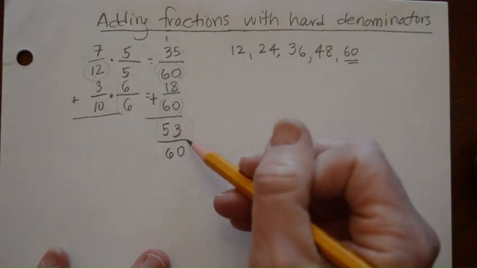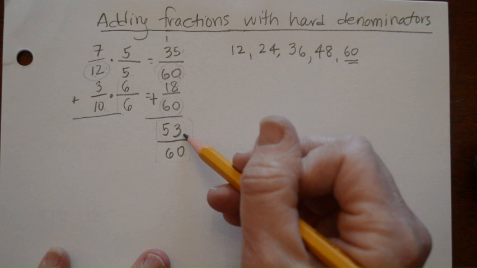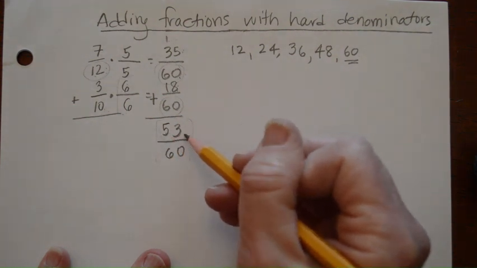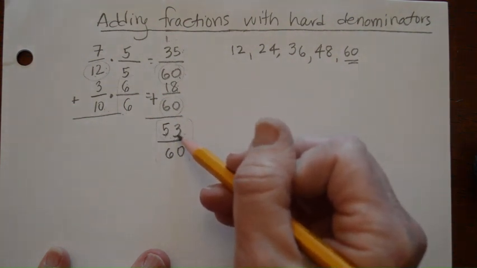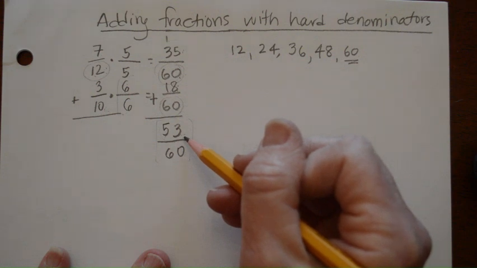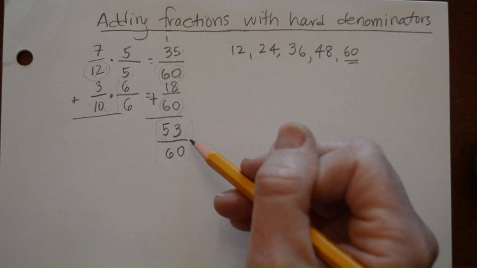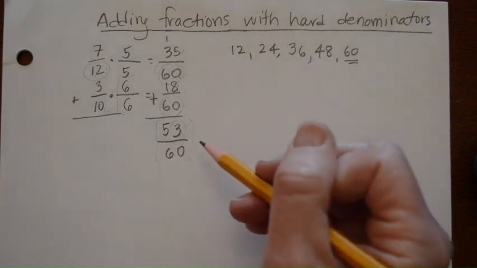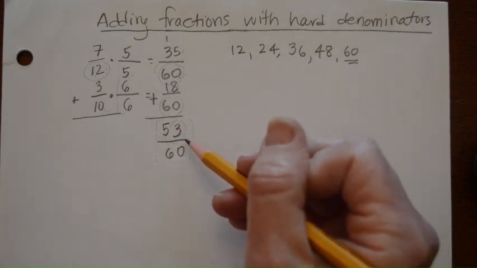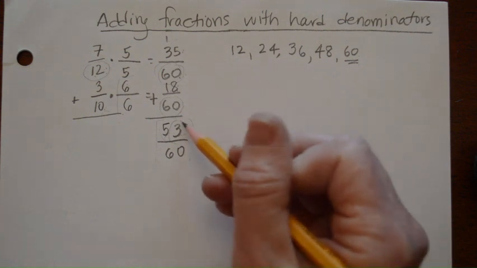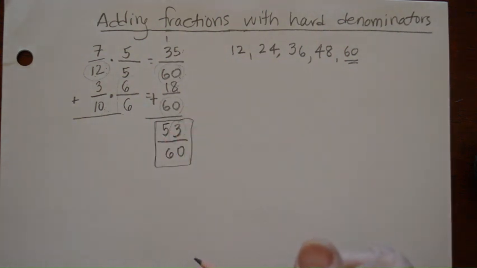We could use our divisibility rules to check that it's not divisible by 2 because it's odd. It's not divisible by 3 because the sum of 5 and 3 is 8, and 3 does not go into 8. Since it's not divisible by 3, it can't be divisible by 6. It's not divisible by 5 because it doesn't end in a 5 or a 0, and same for 10. So this would be our final answer.